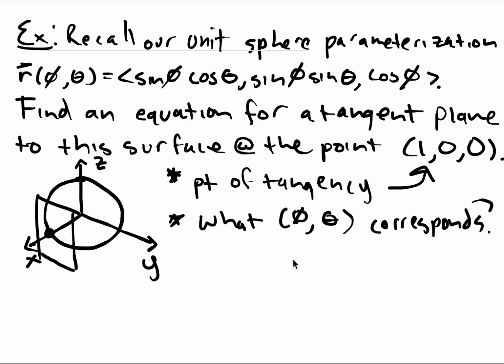This is an example that we started out last time with the idea in mind that we used spherical coordinates to get back this parameterization. So if I'm thinking about my spherical coordinates for this point, what phi and theta does it correspond to? Well, phi in spherical coordinates was just the angle that we come down off of the positive z-axis.